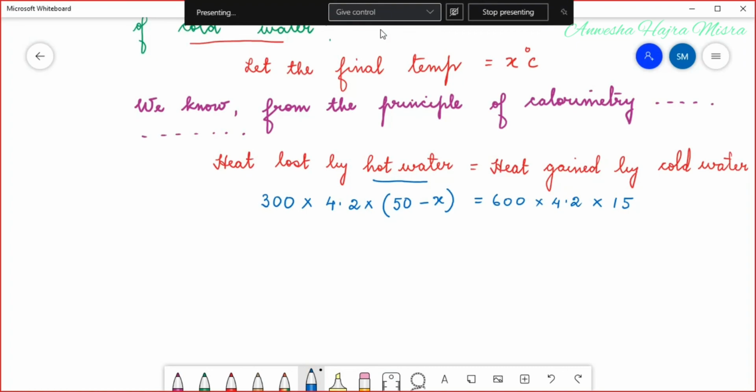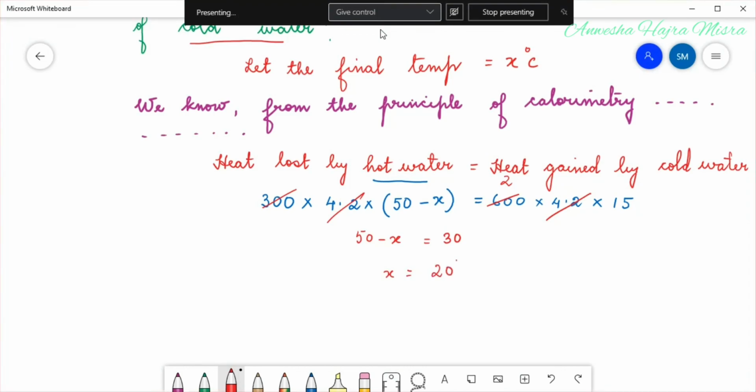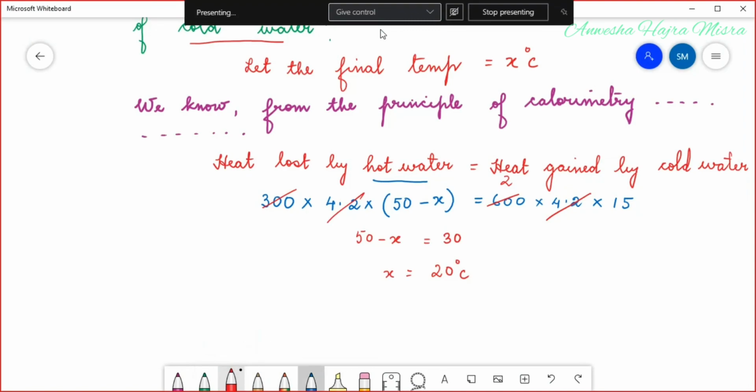So we cancel 4.2 from both the sides. 300 and 600 is 1 by 2. So 50 minus x is 30. So x is equal to 20 degrees Celsius. Now cold water rises by 15 degrees Celsius and becomes 20 degrees Celsius.